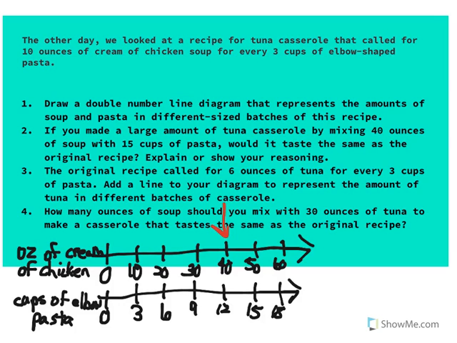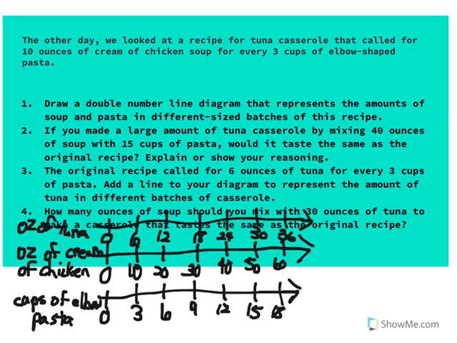Question number 3. The original recipe called for 6 ounces of tuna for every 3 cups of pasta. We're supposed to add a line to our diagram to represent the amount of tuna in every different batch. Okay, so I added my line to represent the tuna. Question 4 wants to know, how many ounces of soup do we need to mix with 30 ounces of tuna?